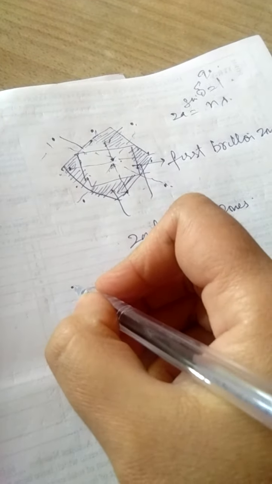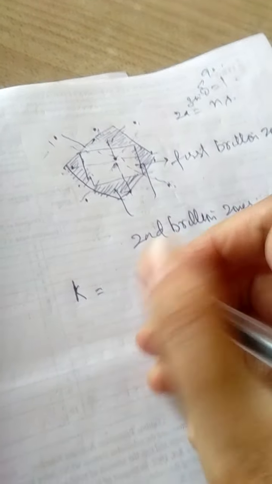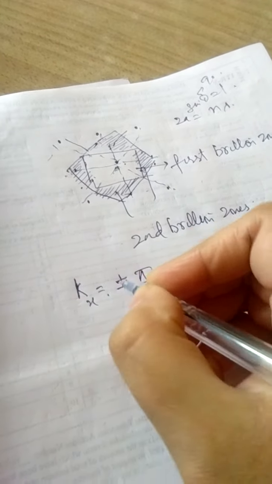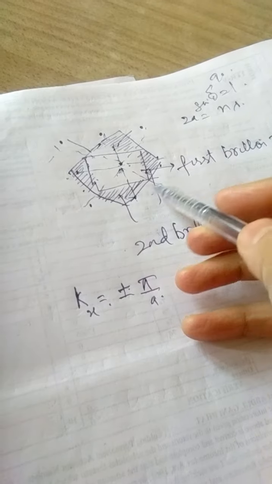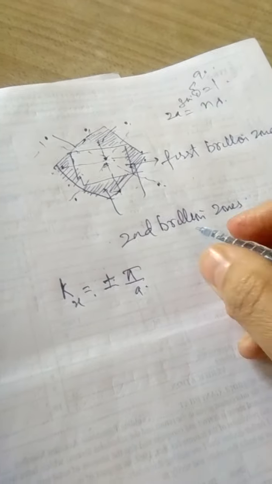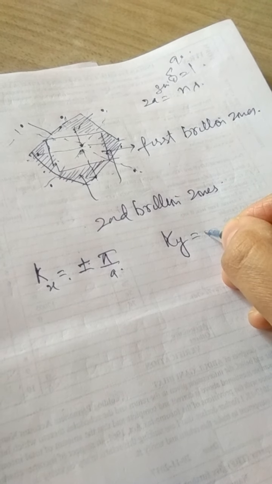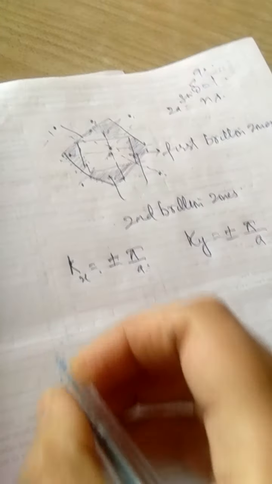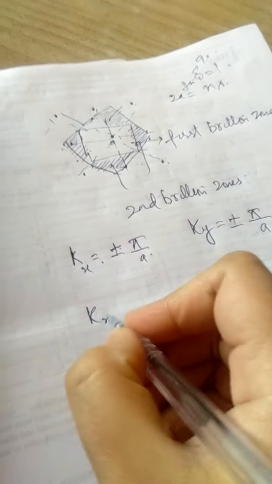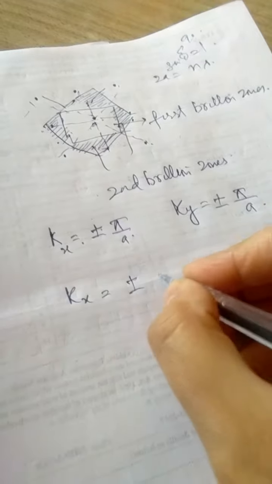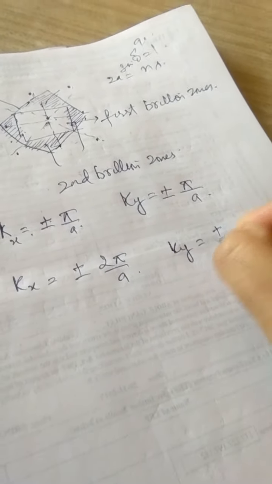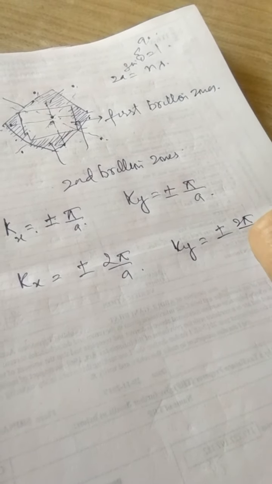For the first Brillouin zone, you can write that k goes from plus minus pi by a. Now we have to choose 2 directions. Imagine we have drawn the atoms in a plane, so we'll choose only kx and ky. kx will go from plus minus pi by a and ky will also go from plus minus pi by a. For the second Brillouin zone, kx will go from plus minus 2 pi by a and ky will also go from plus minus 2 pi by a.